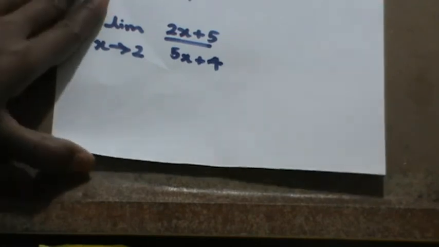I'll take the limit when x goes to 2 of 2x plus 5 divided by 5x plus 4.